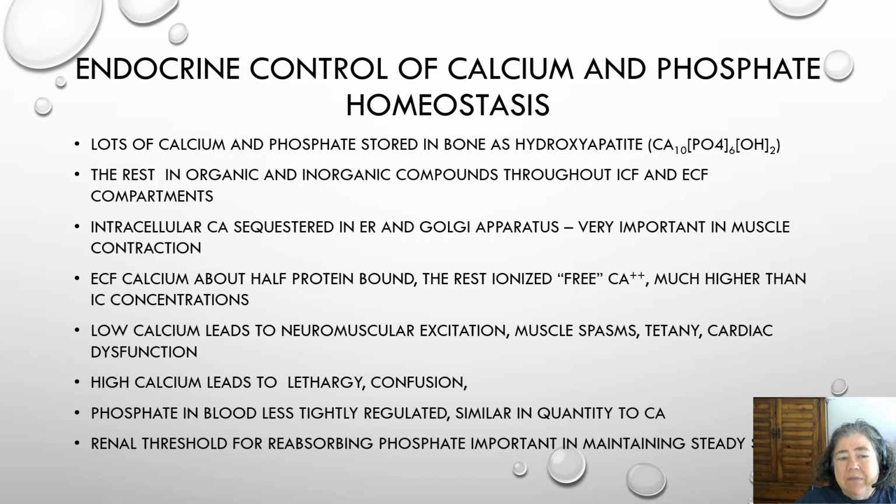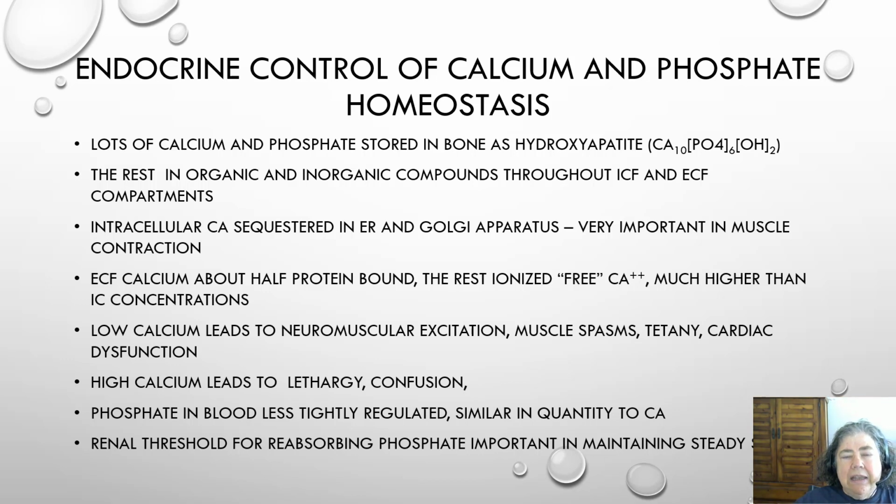When calcium levels are low, we get abnormal excitation of the muscles with spasms and tetany, and that includes cardiac muscles. So, very low calcium leads to cardiac arrhythmias and dysfunction. Very high calcium levels lead to lethargy and confusion.